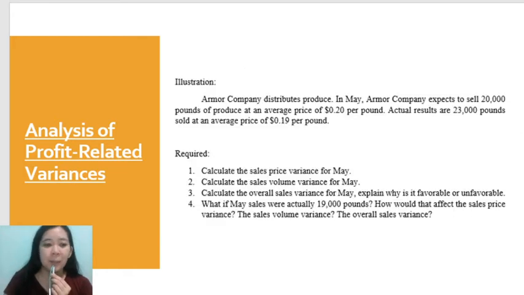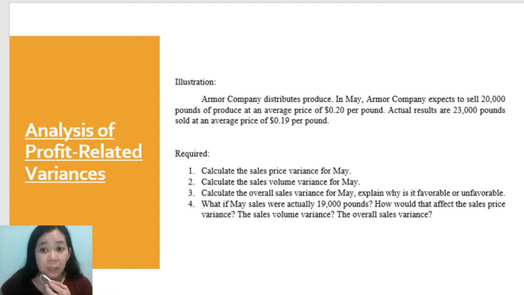To understand better the concept of sales price and sales volume variance analysis, we will take this illustration. Armor Company distributes and produces its products. In May, the company expects to sell 20,000 pounds of produce at an average price of $0.20 per pound.